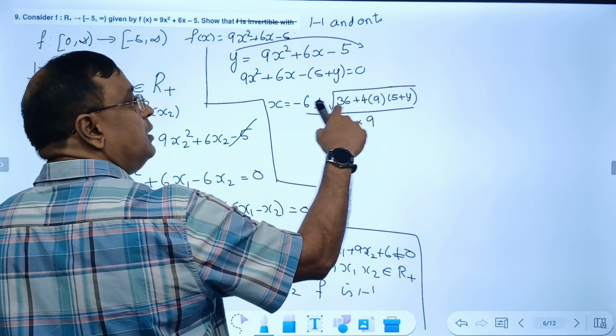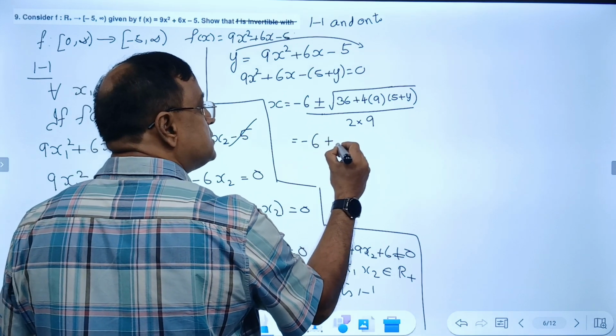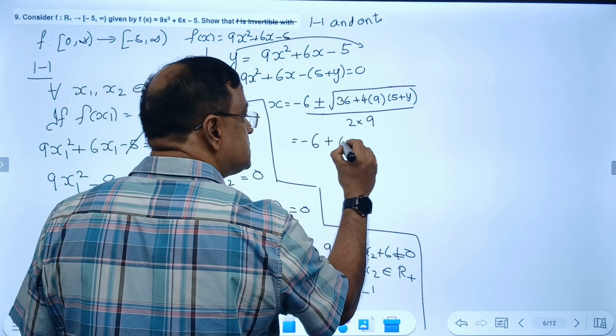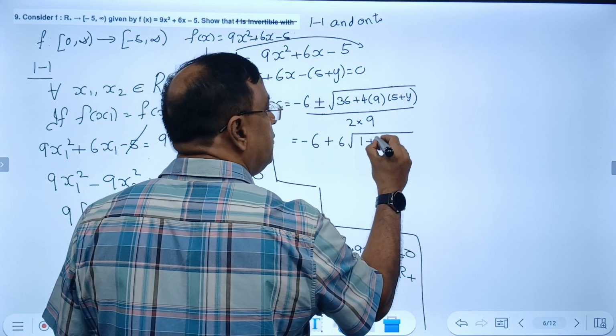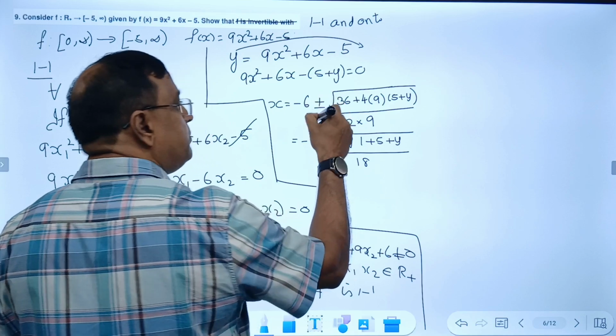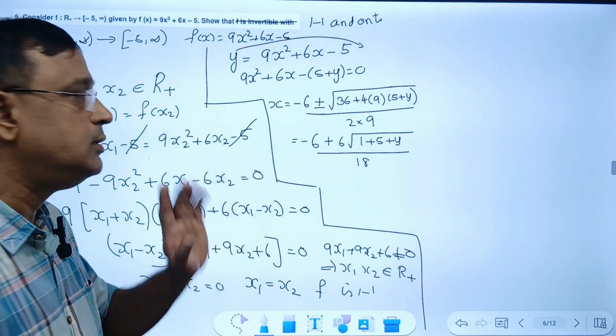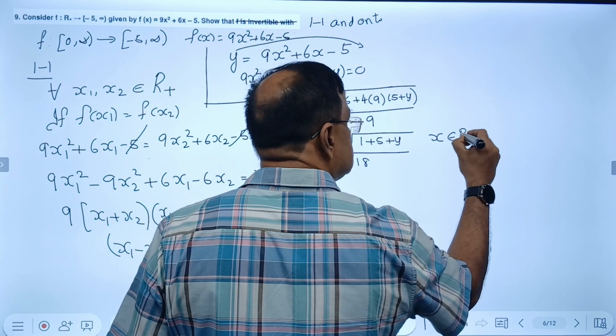Now clearly 36 is common. So you get minus 6 plus square root plus 6 into square root of 1 plus 5 plus y. Now if you notice, I did not write plus or minus, I wrote only plus. Why? Because my x belongs to R plus.